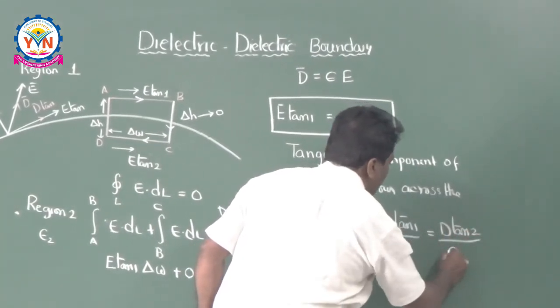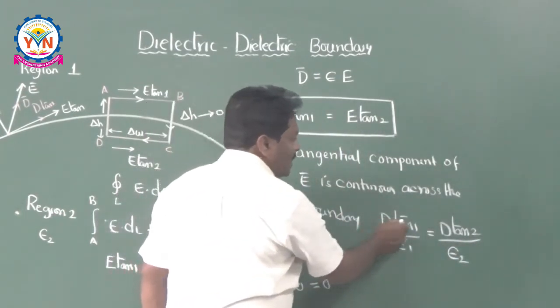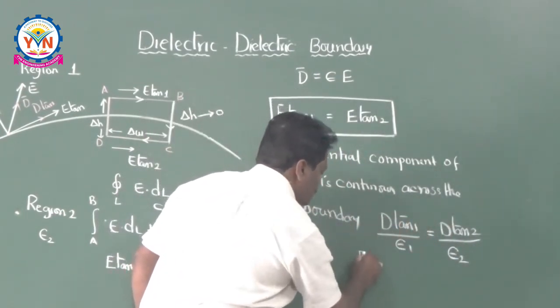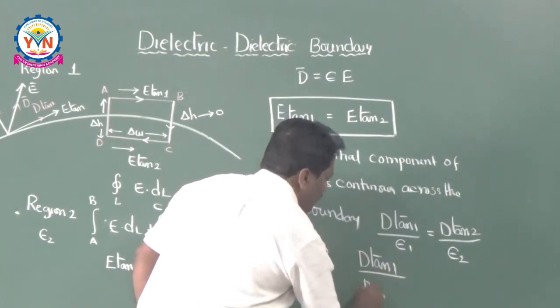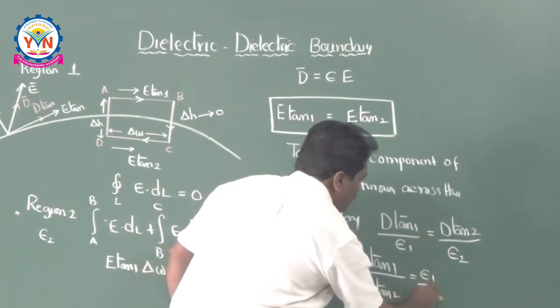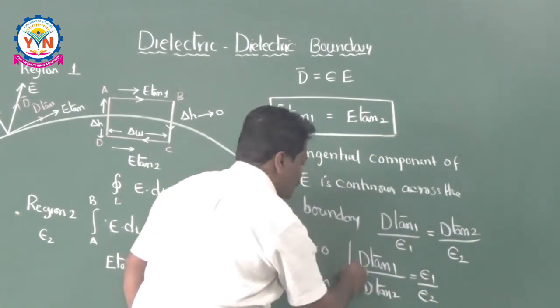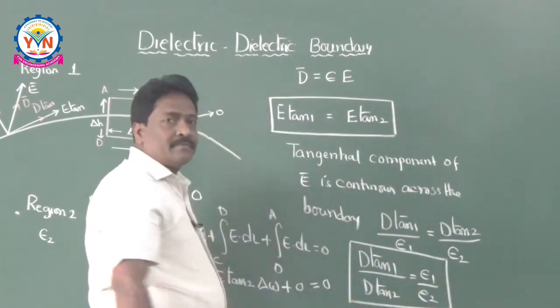This is the next boundary condition. Then what you have to summarize here? D tan 1 by D tan 2 is equal to epsilon 1 divided by epsilon 2.